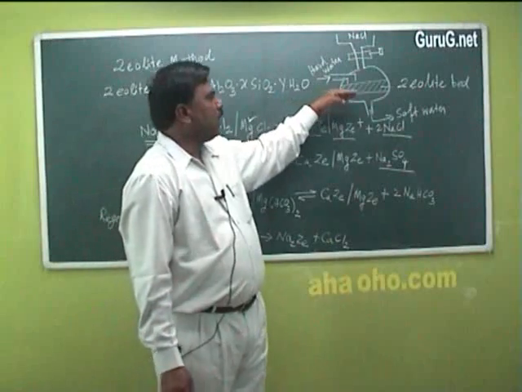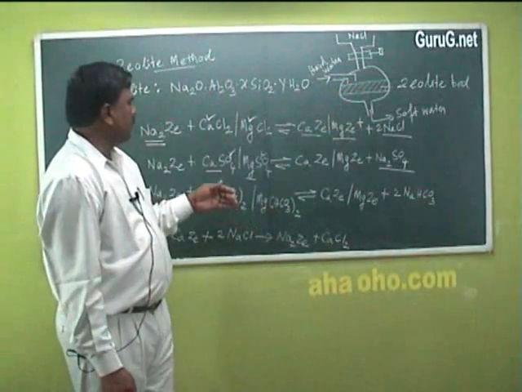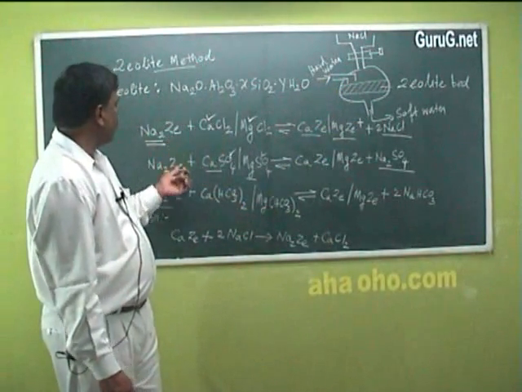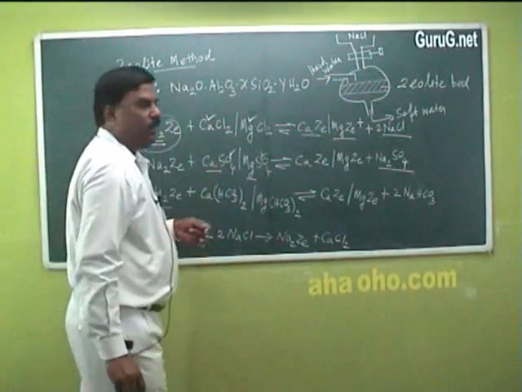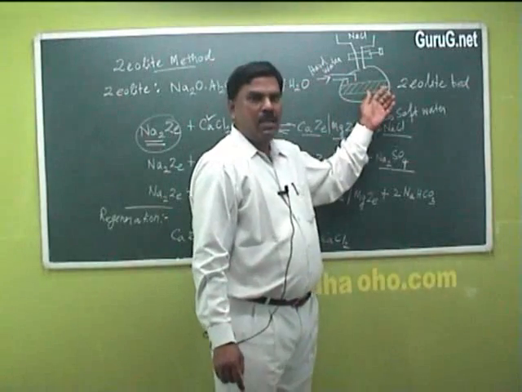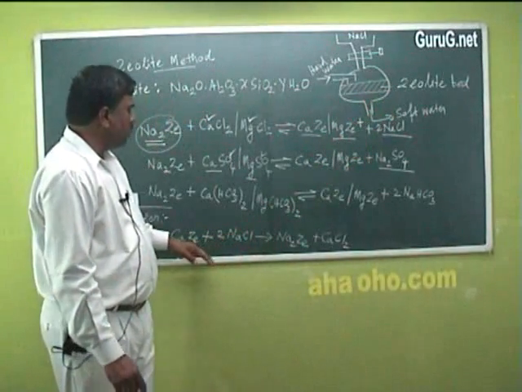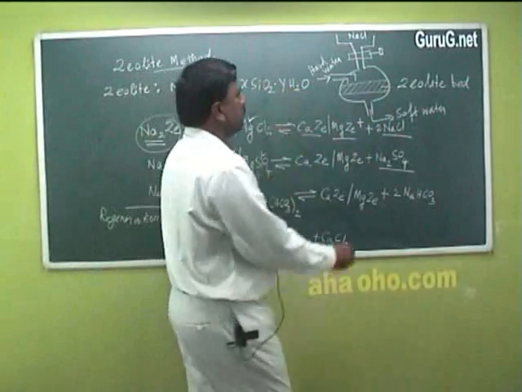This process takes place for a long time, and the sodium zeolite is utilized for the removal of calcium and magnesium. Finally, the zeolite bed should be regenerated by using sodium chloride solution, that is brine solution.